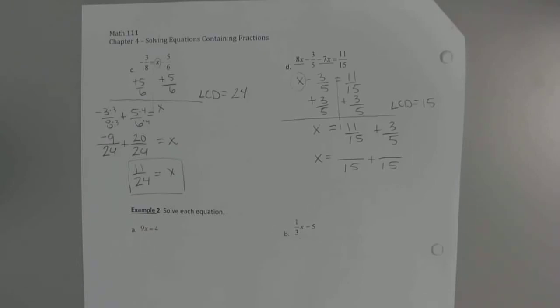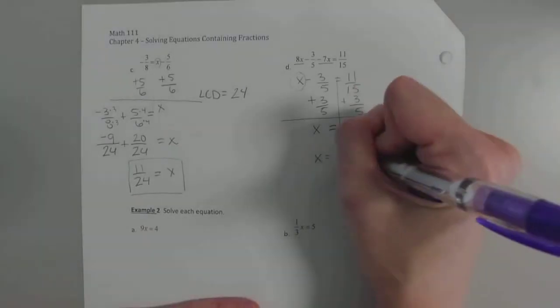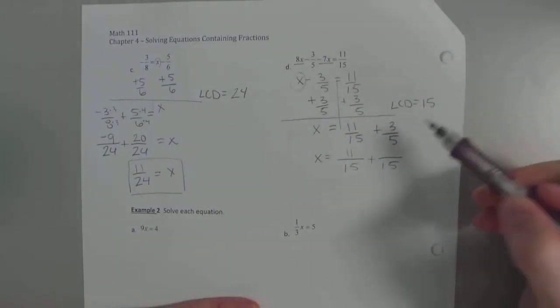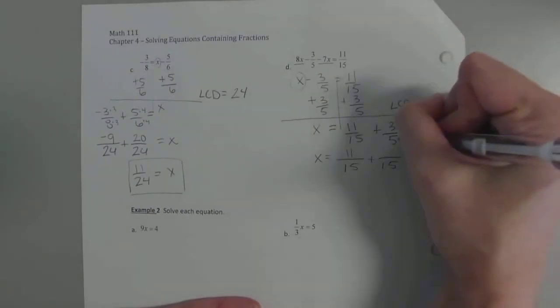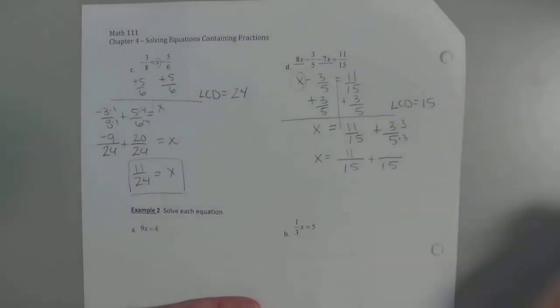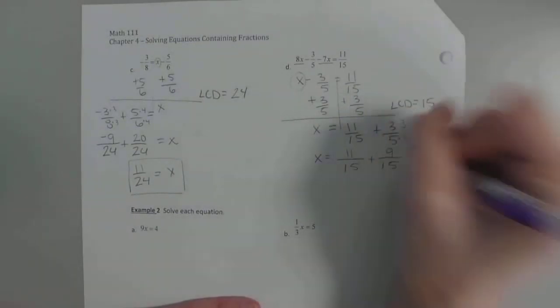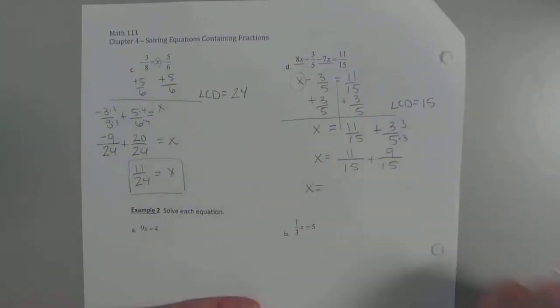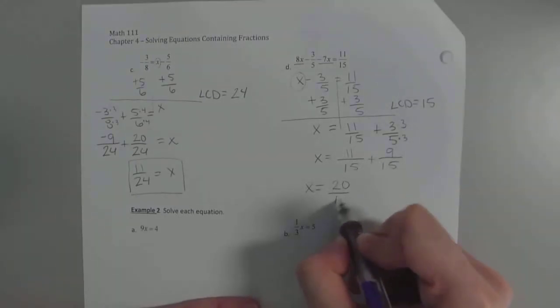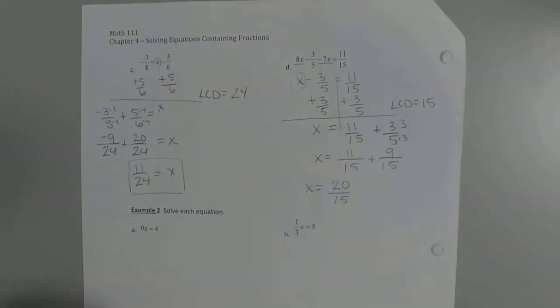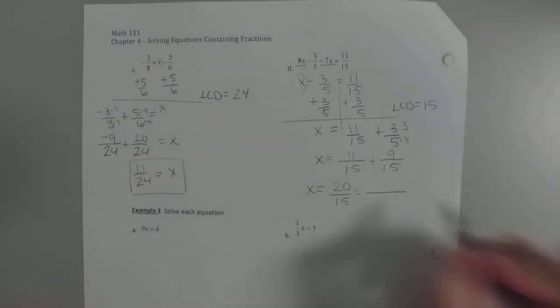Celebrate the small things in life. What is that first denominator? 15. We didn't change it. So guess what the numerator gets to stay? 11. What did we multiply 5 by to get to 15? 3. So we're going to multiply the top by 3. And what do we get? 9. So our final answer before we simplify is just 11 plus 9, or 20 over 15.